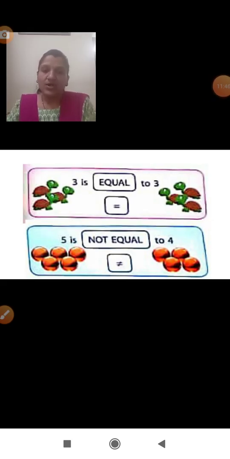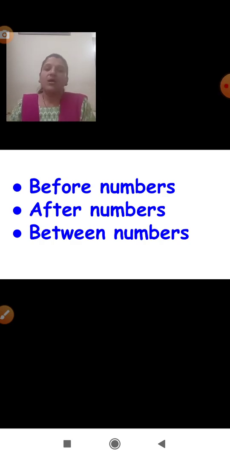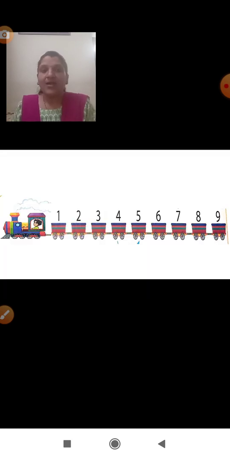Now, let's move to the next slide. Yes, these are the next things: before numbers, after numbers, and between numbers. We have done this concept and we have solved the worksheets also based on this. So we will quickly revise it again with the help of this number train, right?